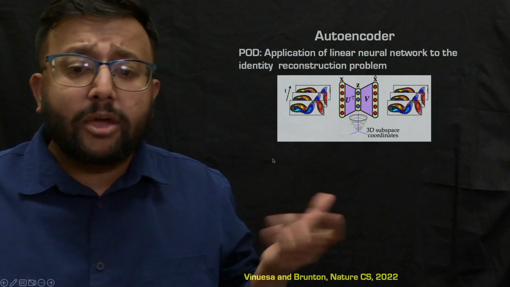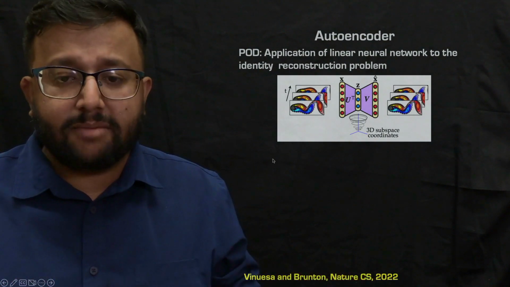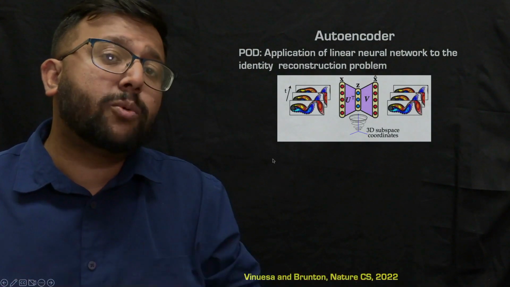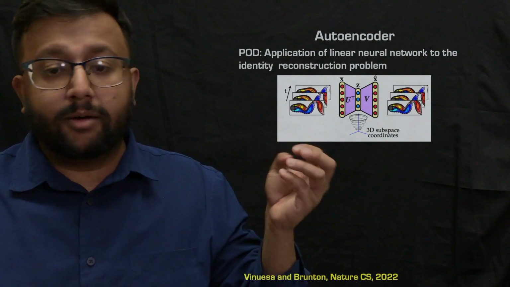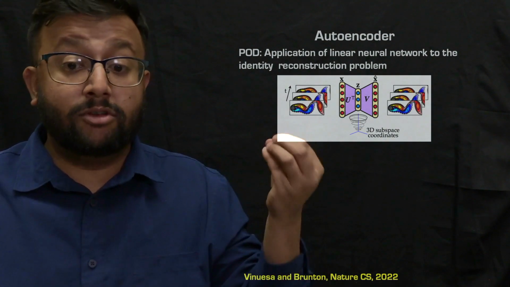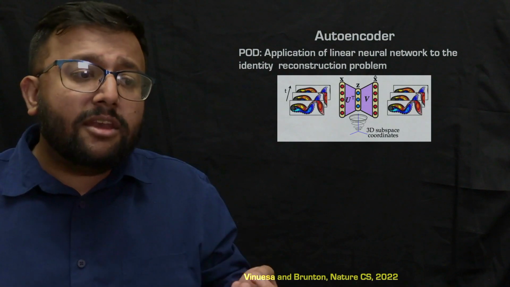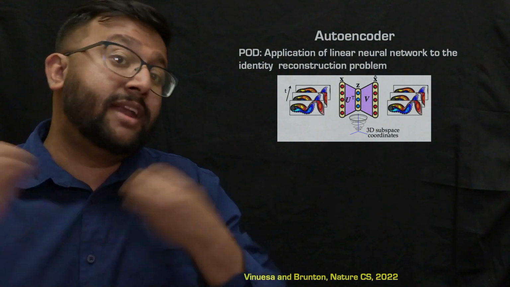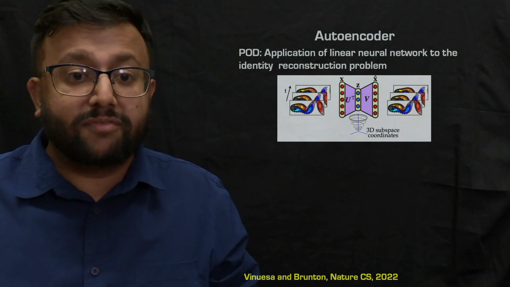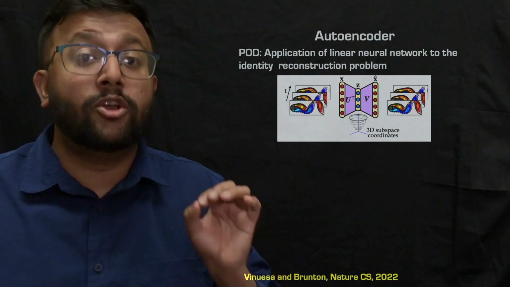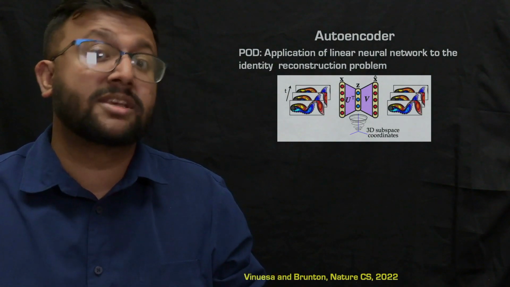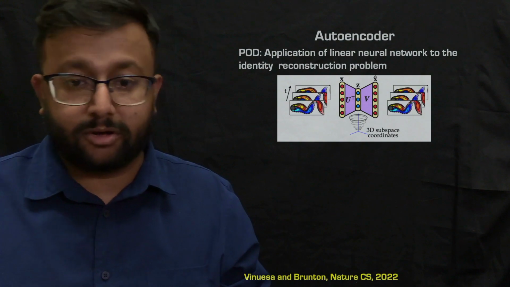If we use POD to perform this identity map, that is equivalent to actually doing a linear neural network. What does a linear neural network mean? A linear neural network is a network with linear activation functions, so there are no nonlinear activation functions in this neural network.